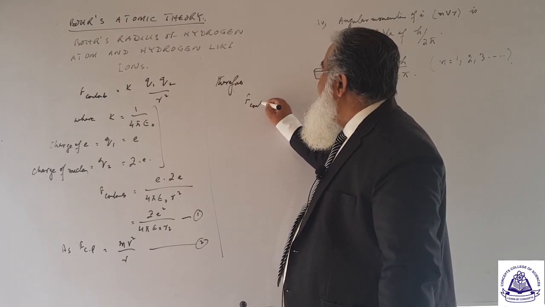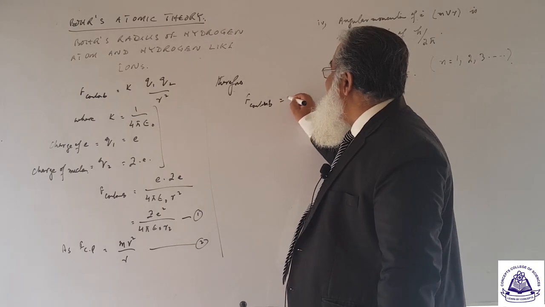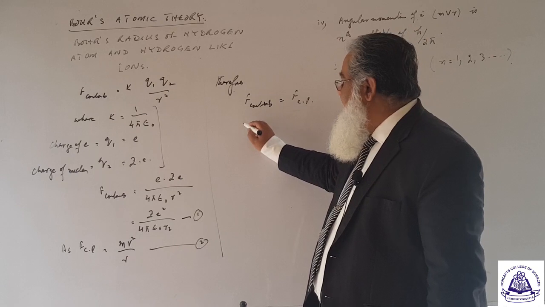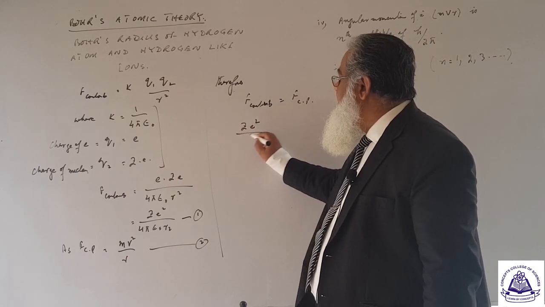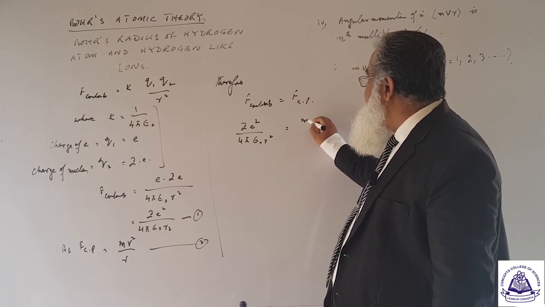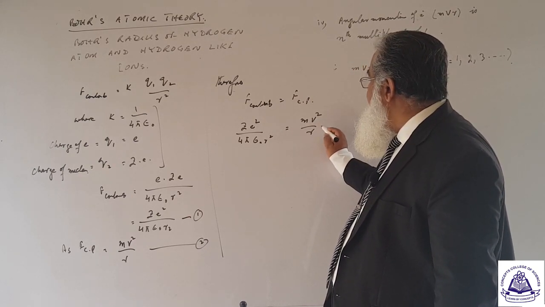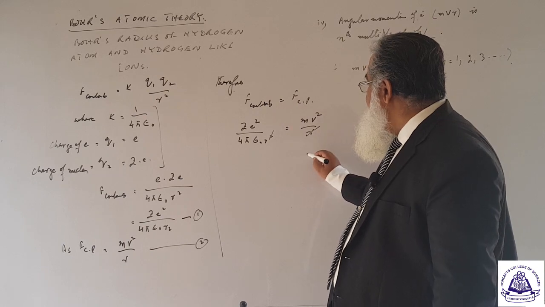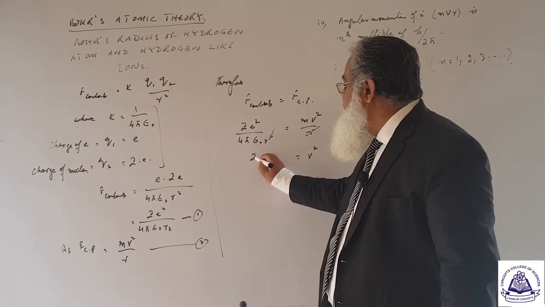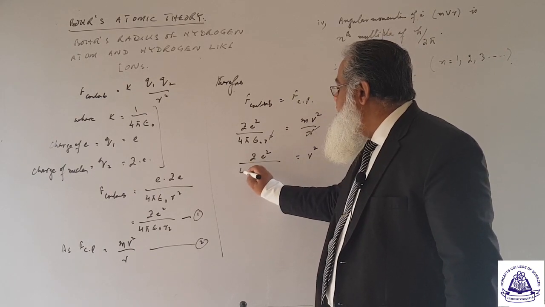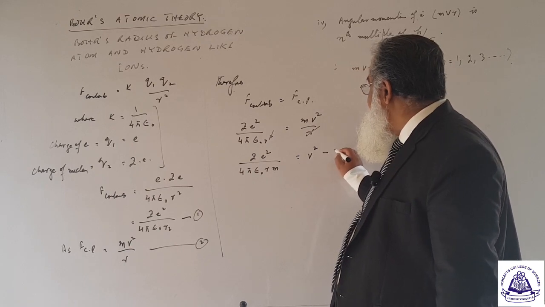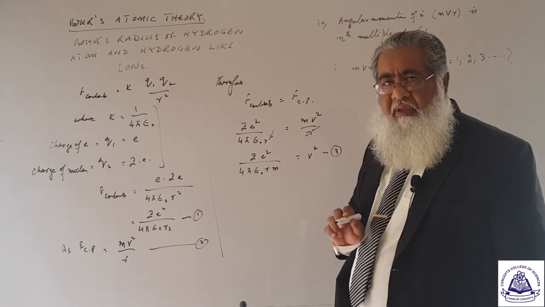Coulombic force of attraction is equal to centripetal force of attraction. Hence, ZE square over 4 pi epsilon naught R square becomes equal to mv square over r. R is cancelled with r. Therefore, V square becomes equal to ZE square over 4 pi epsilon naught R m, equation number 3.